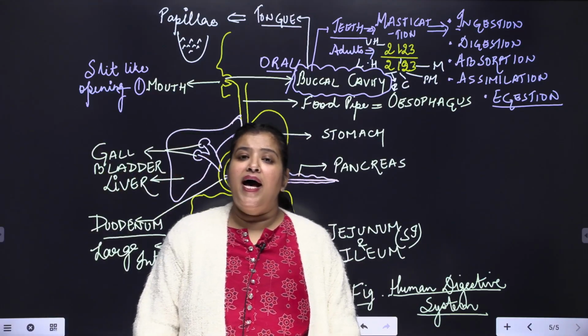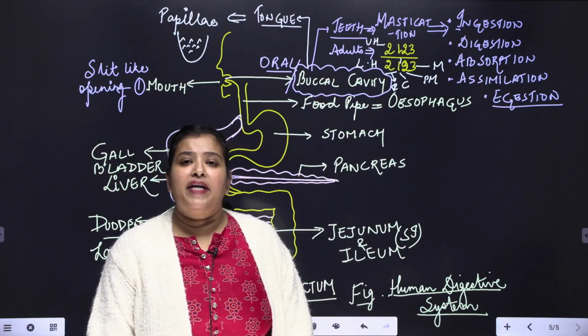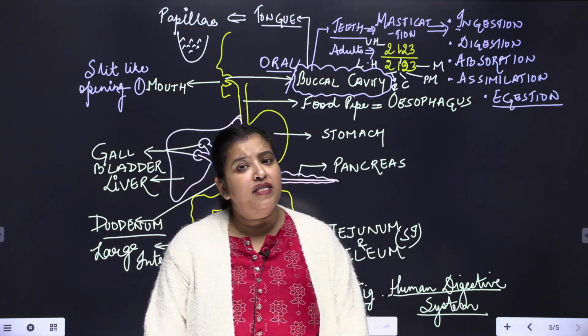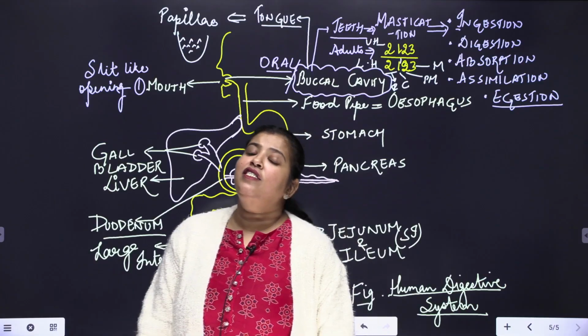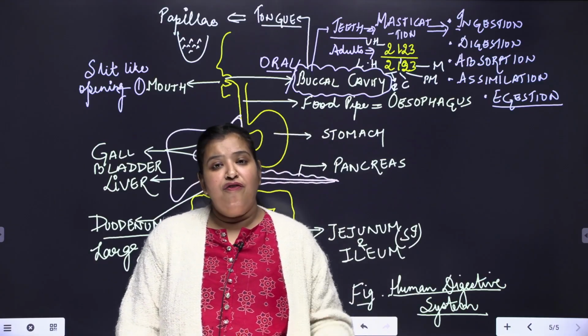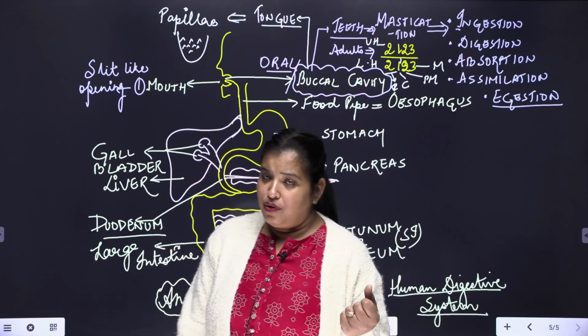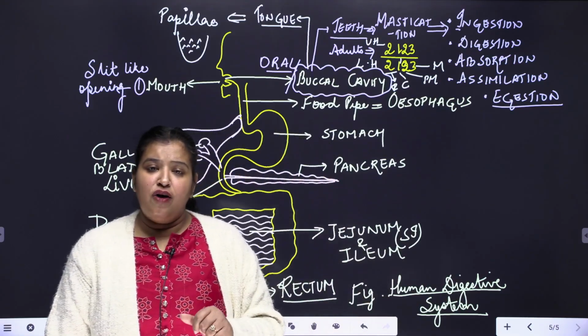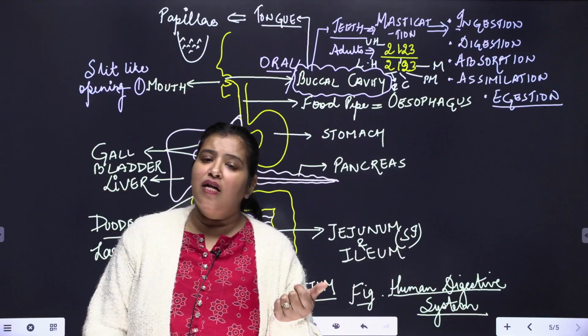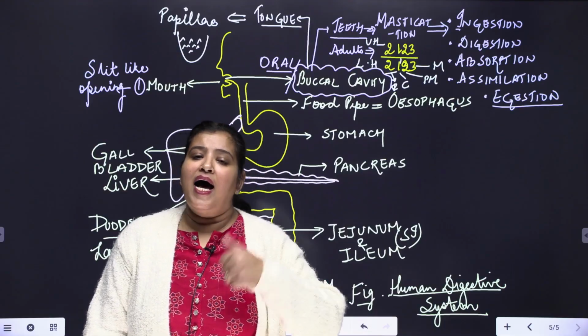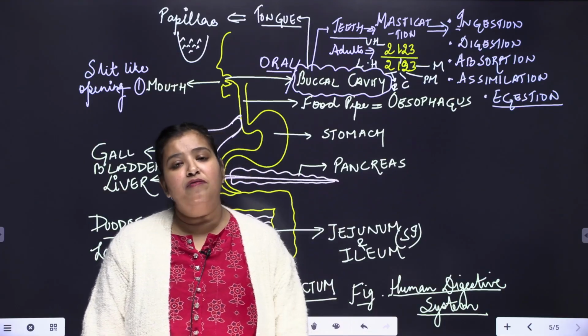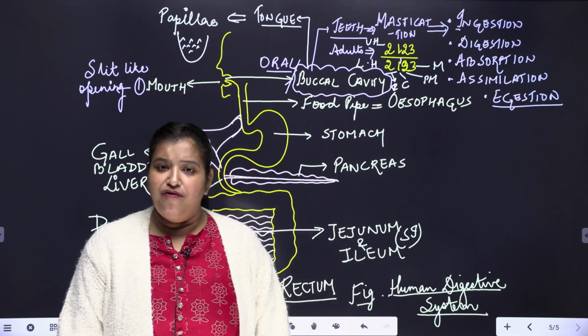So, tongue has papillae, which are the taste buds, and you know what is the function of taste buds? It helps in tasting different flavors of the food. All right. So, tongue has two functions. One, it helps in mixing of saliva, and bearing the taste buds, it helps us to taste different flavors.